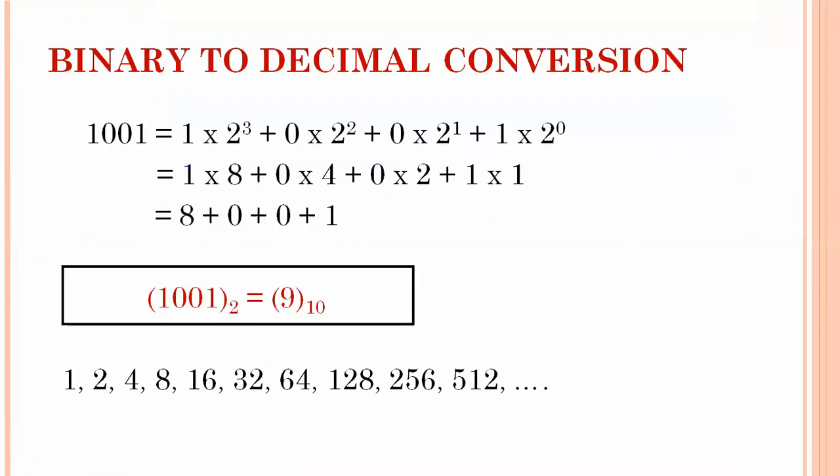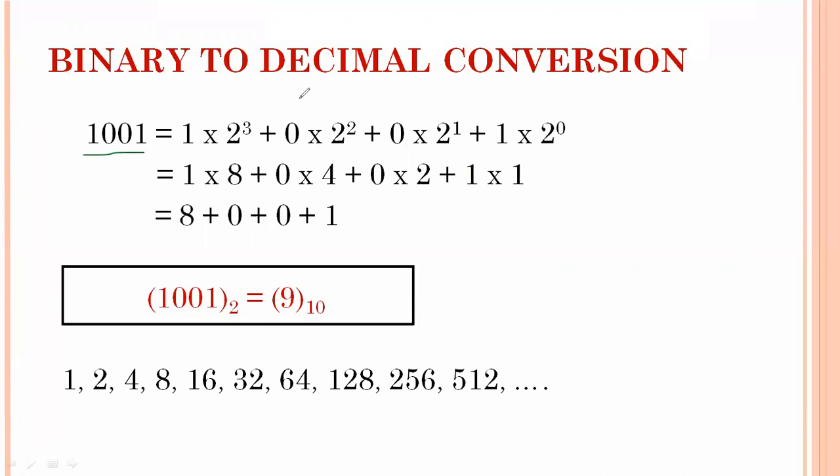Like binary to decimal conversion. Suppose this is the binary number given to us, 1001, and to convert it into decimal form, we have to multiply each digit with its base.